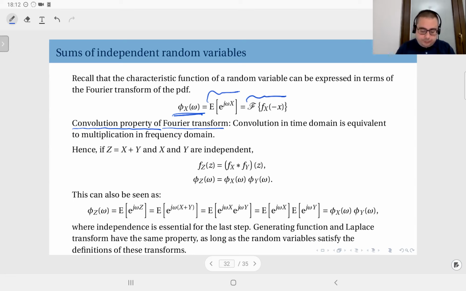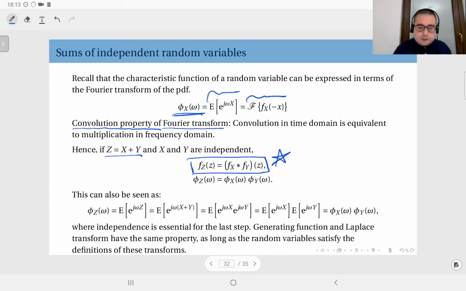And as we have seen, when z is equal to x plus y, and x and y are independent, the PDF of z turns out to be equal to the convolution of the marginal PDFs of x and y due to the independence, okay? Remember, this is important. This is valid only for independent x and y, not in general, okay? Only for independent x and y, okay?